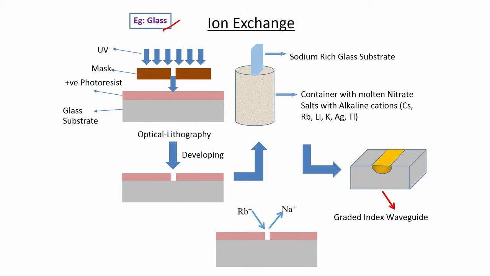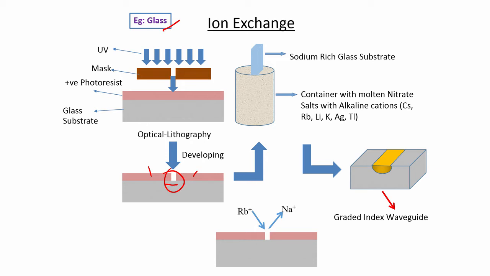Typically, if you think of a soda lime glass, you have sodium ions. You put a positive photoresist and expose the photoresist through a mask to ultraviolet radiation, and you create a trough region like this, where the protective region is retained except in this region where you would like to create the waveguide.